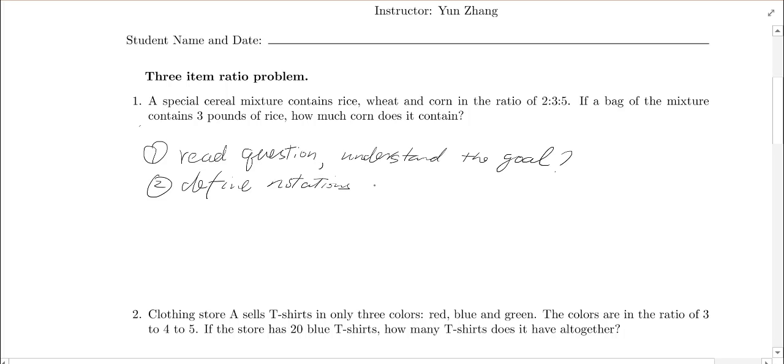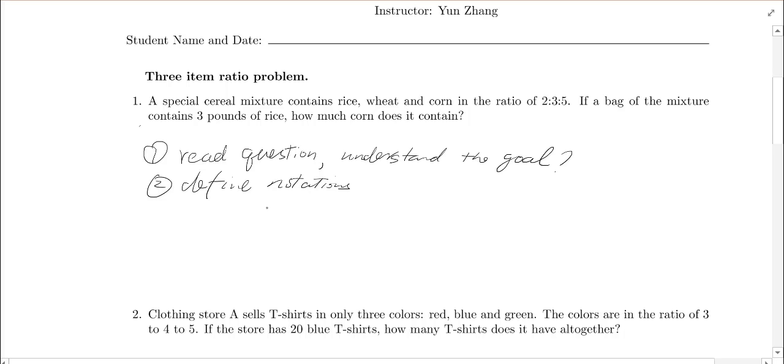Those notations should be helpful for you to organize your thoughts. For example, if it's how many books Tom has, then probably you can use T as the variable. How many books Jack has, you probably use J as a variable name.